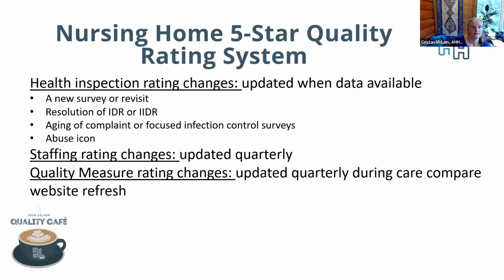Or if you have the abuse icon on or off, that will change it. The staffing rating is updated quarterly, and the quality measure ratings are updated quarterly during the Care Compare refresh, which is usually January, April, July, and October.